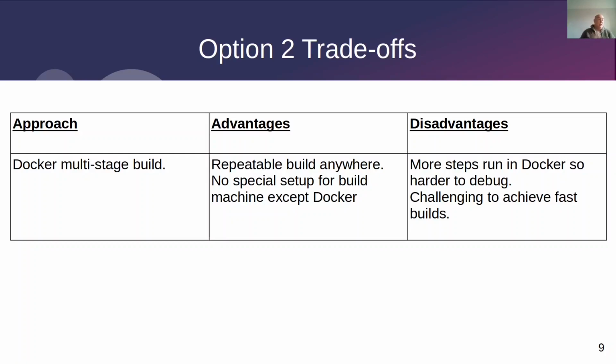I see multi-stage builds used a lot in Golang projects, and other technologies as well. The reason why it may not be used so much in Java teams is because of the next approach, option 3, which we'll look at in a second.